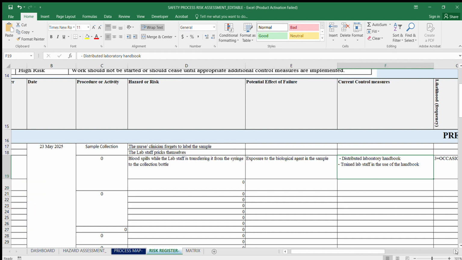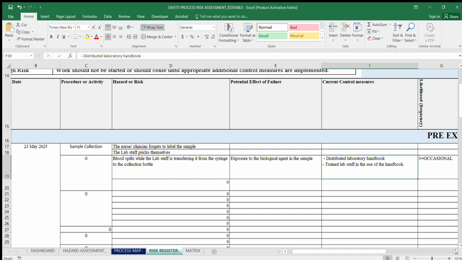Maybe at that point, what you've done is you've distributed the laboratory handbook. The laboratory handbook will give information on how to collect the sample, how to transport the sample, how to request tests, and which bottles you are supposed to use.